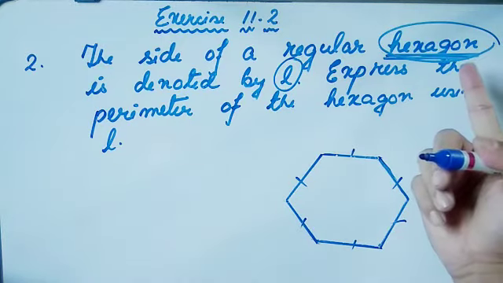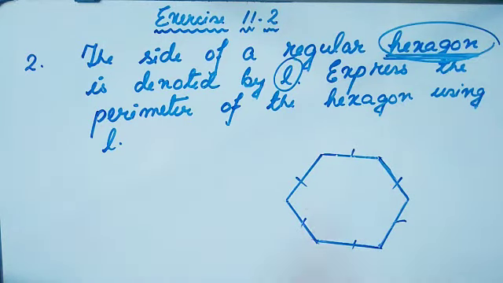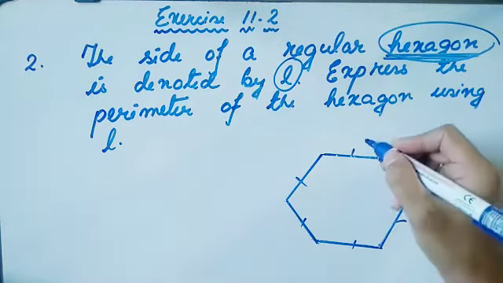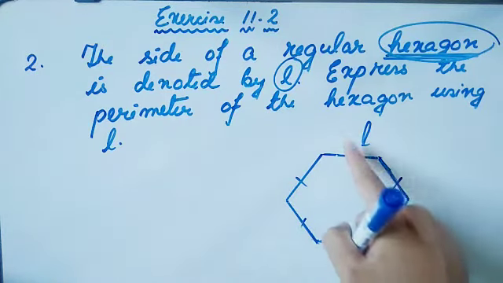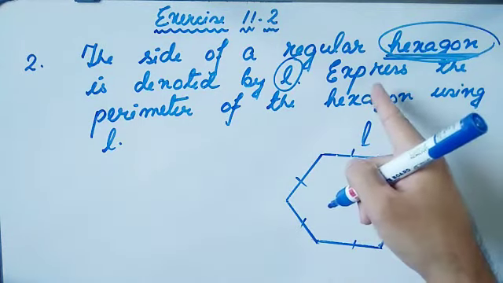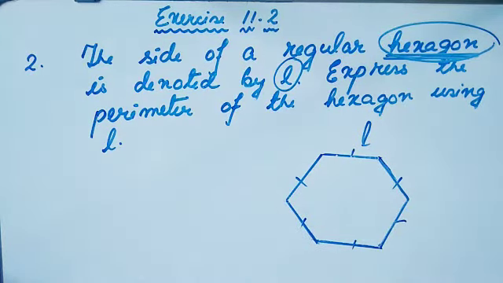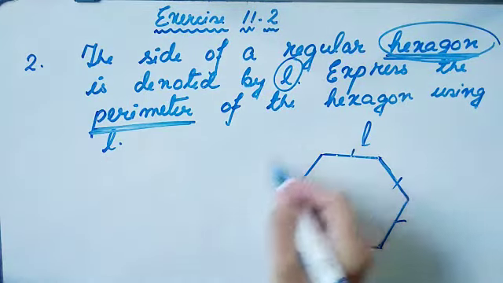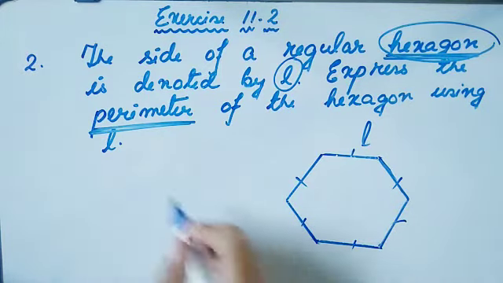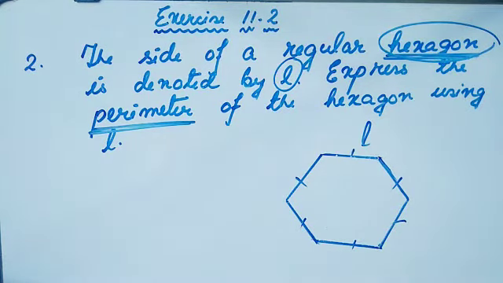So one side of this hexagon is denoted by the letter L. So let us assume that the length of this side is L. And the question says, express the perimeter of the hexagon using L. So we have to find the perimeter, and we all know that perimeter means the total length of the sides of the figure, right?